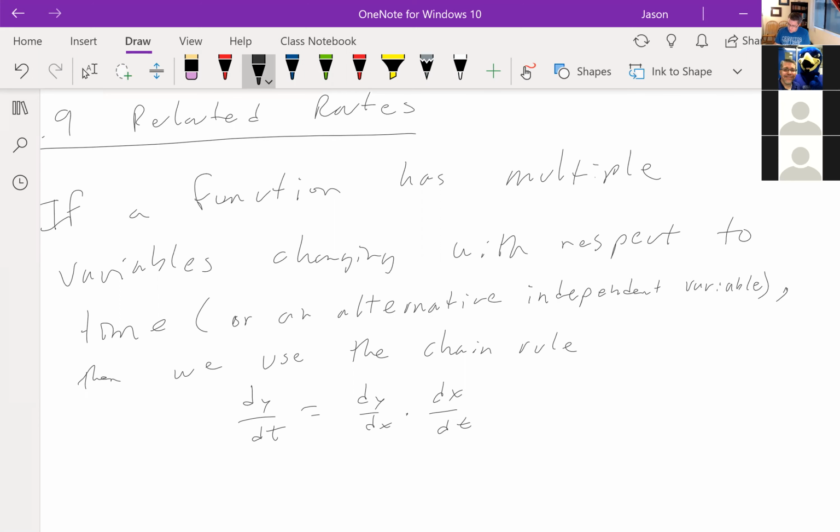So this tells me take the derivative with respect to x, and then take the derivative with respect to t. So it's the chain rule.